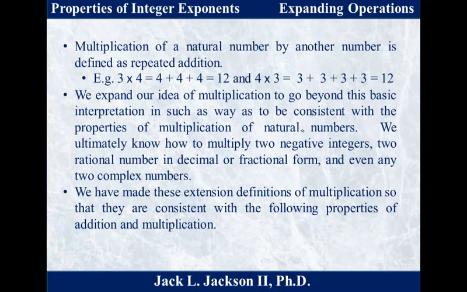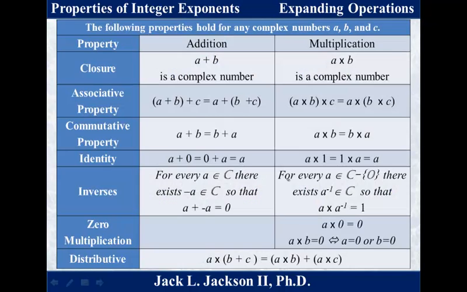And so we've extended our definition of what multiplication means beyond that root definition of repeated addition, but we did it in such a way that the properties of addition and multiplication that you see here in this table are still valid. In fact, ultimately, we want these to be valid for any complex numbers.